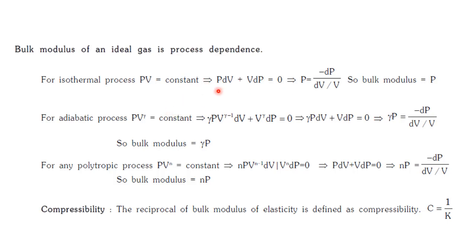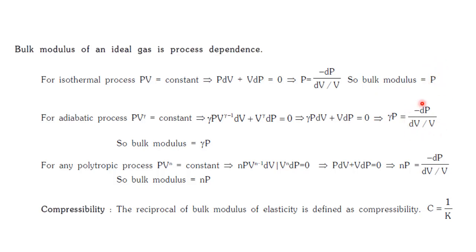Taking the derivative, we get P dV plus V dP equal to 0. Arranging it, we get P is equal to minus dP by dV by V. This part is the definition of bulk modulus, which is actually the pressure P. So for an ideal gas in an isothermal process, the bulk modulus itself is the pressure.